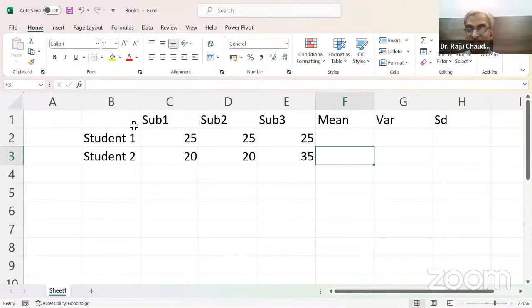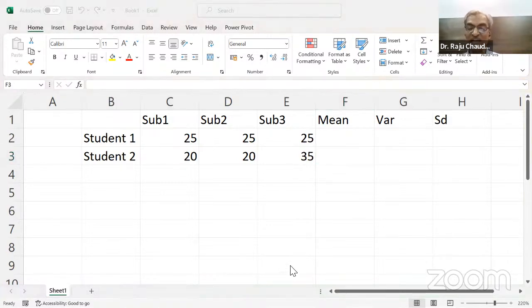Now, can you tell me which student shows no variation and which student's data shows variation? Anyone? Yes, exactly. Student 1 data shows no variation, right?